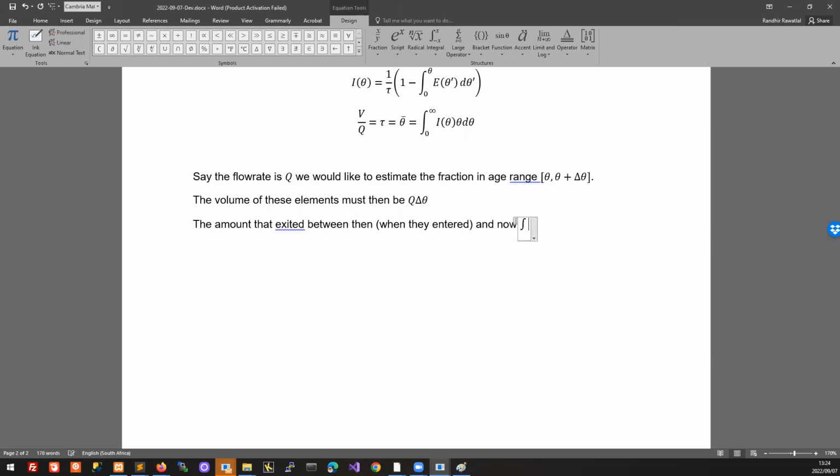we have an exit RTD. So we can say E of theta, if we integrate that in theta, that's going to give us the fraction that appeared at the exit. And we want to know this over the specific range, between theta and theta plus delta theta.